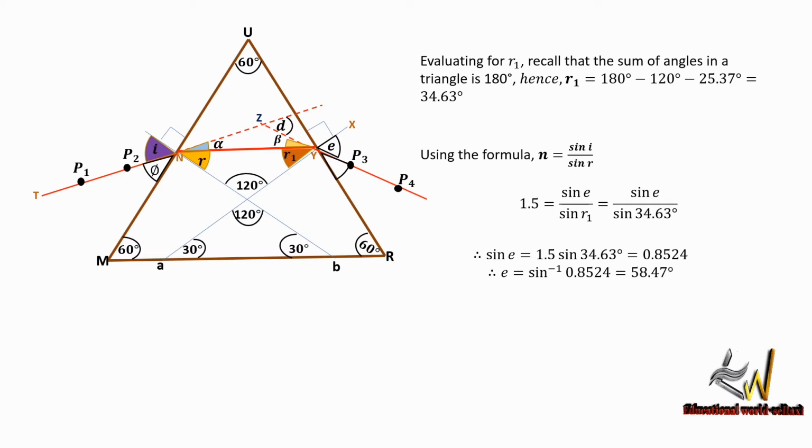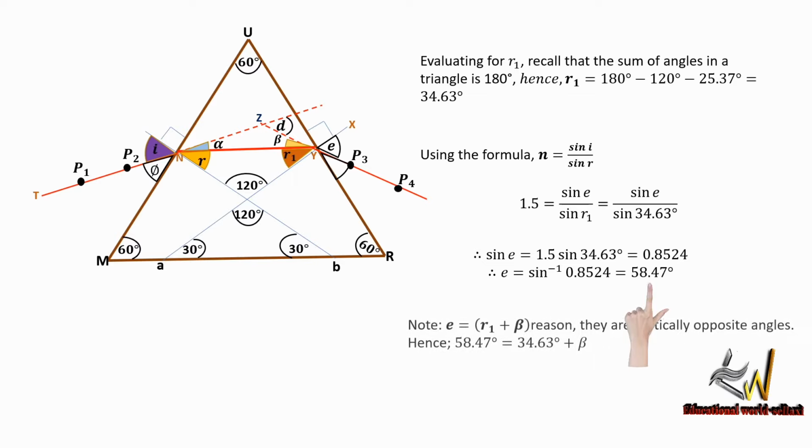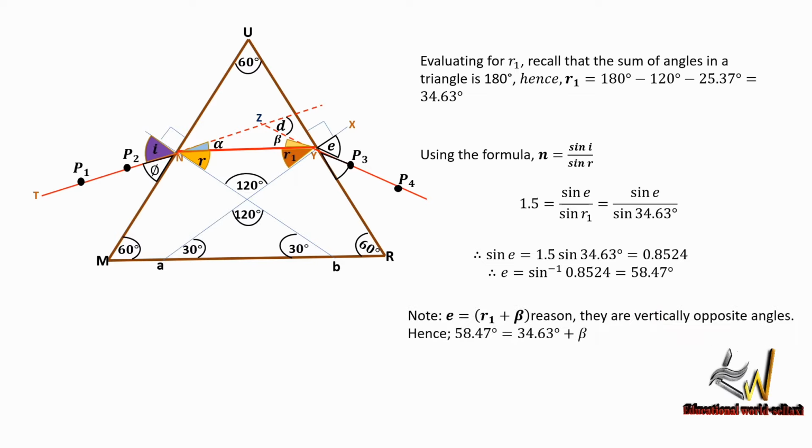So evaluating for E, we now have that E is equal to 58.47 degrees. And from the fact that vertically opposite angles are equal, beta is equal to 58.47 degrees minus 34.63 degrees, which leaves us with the value of 23.84 degrees.